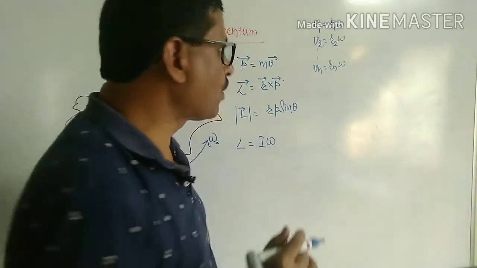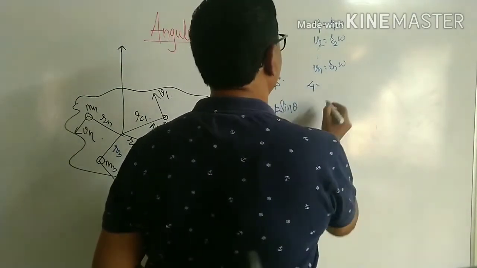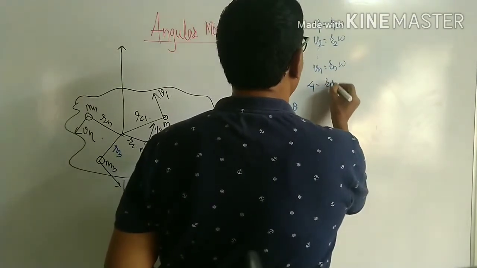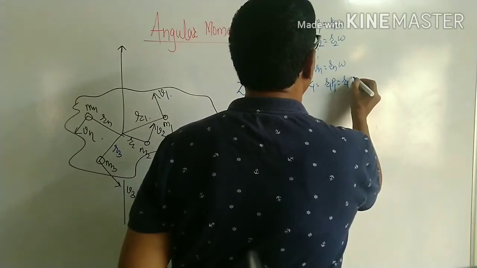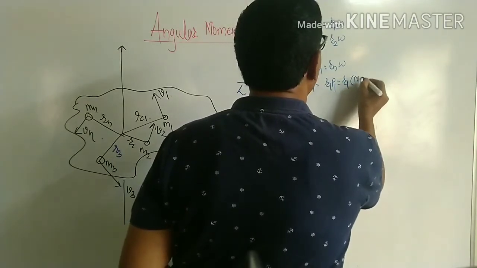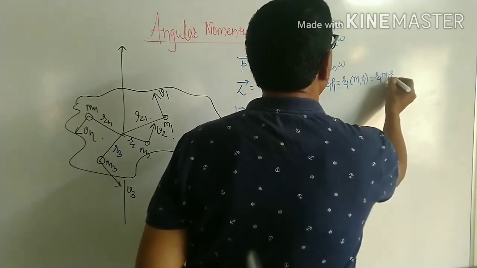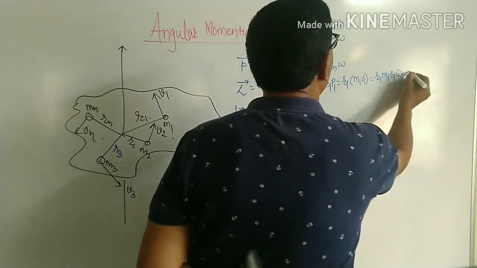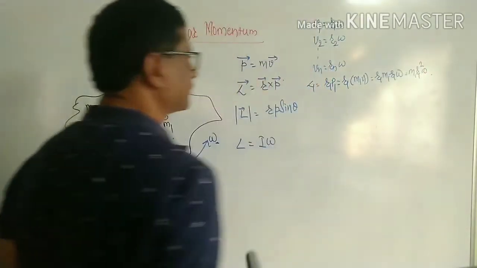The angular momentum of a particle of mass m1 is L1 equals R1 times P1, which is R1 times m1 times v1, equals R1 times m1 times R1 omega. Therefore, it is equal to m1 r1 square omega.